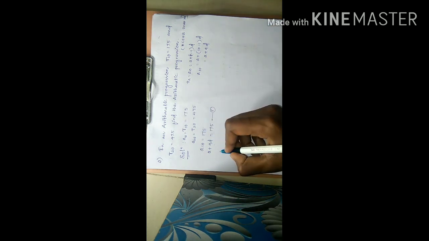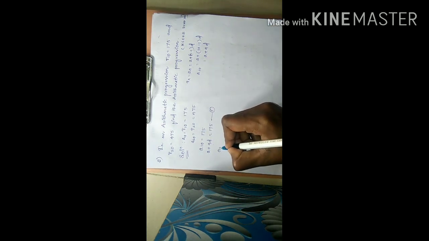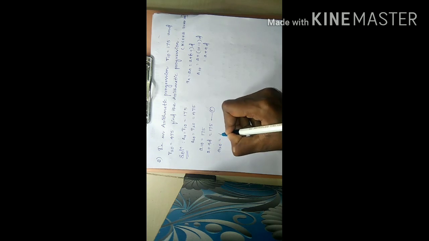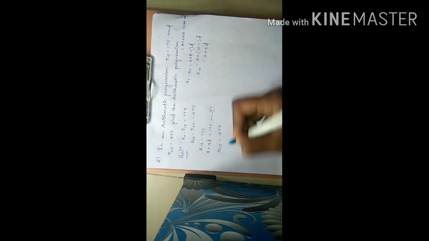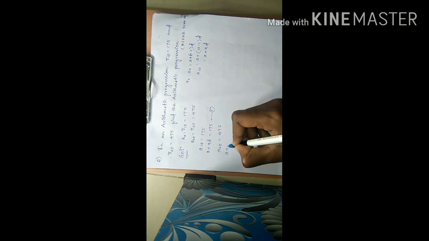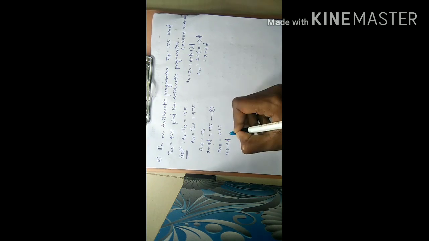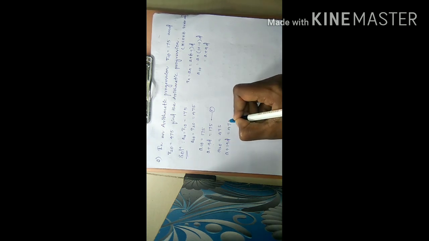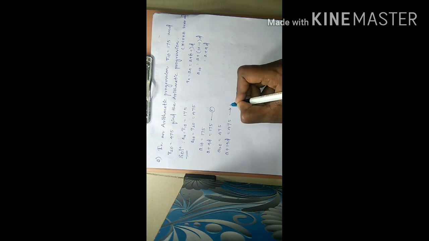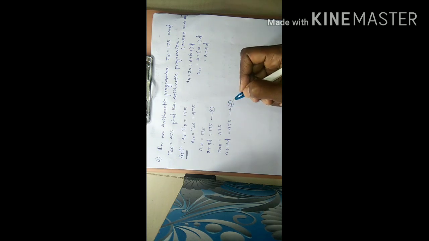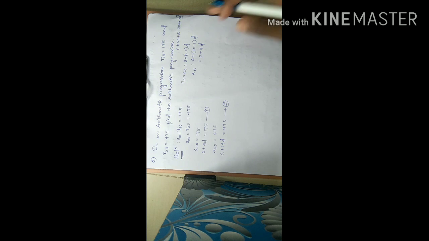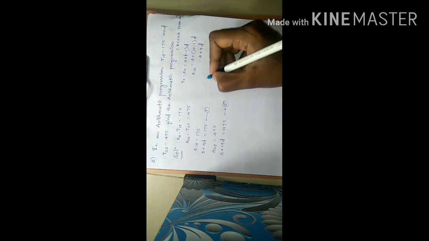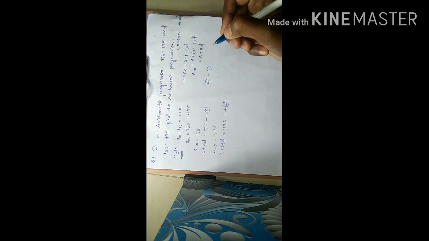In the same way, A20 is equal to 475. So this I can write as A plus 19D is equal to 475. Take it as equation number 2. So now I'll subtract equation number 1 from equation number 2.